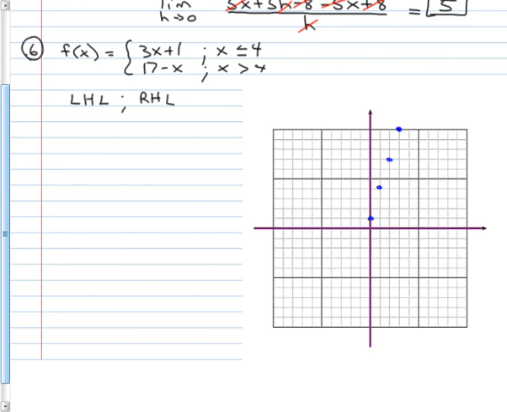And as long as I'm less than or equal to 4, we've got this going on, and we're including this point at 4. That's what we're interested in, is what's happening when x is 4. 17 minus x. Oh, that one has a y-intercept of 17 right about here. Minus 1.